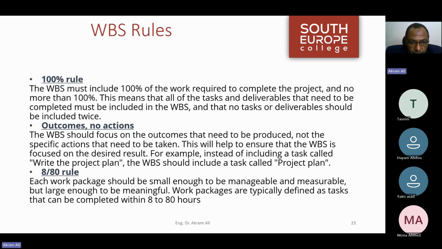So we have 100% rule. We have outcomes, no actions. So the WBS should focus on the outcomes that need to be produced. Like I said, the smallest item or the smallest level of the product breakdown structure.